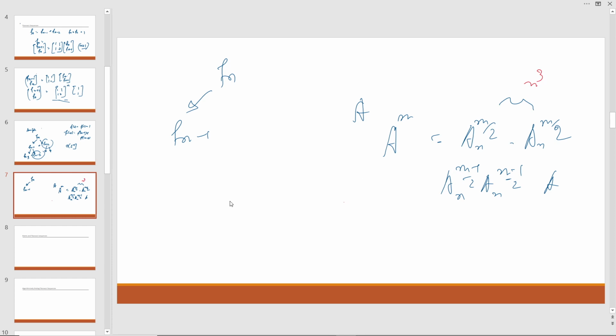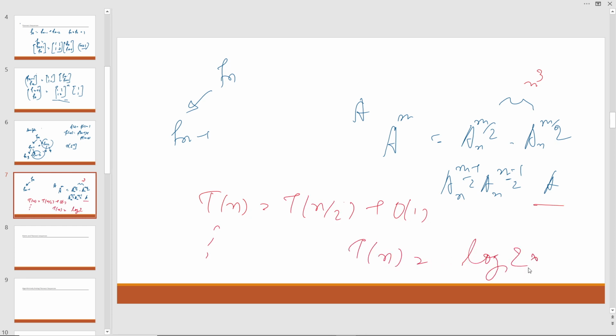Then since T(n) equals T(n/2) plus O(1), similarly recursing, we get that the time complexity of matrix multiplication is actually log 2 into n cubed, where n is the order of the matrix. I mean log 2, not log 2.